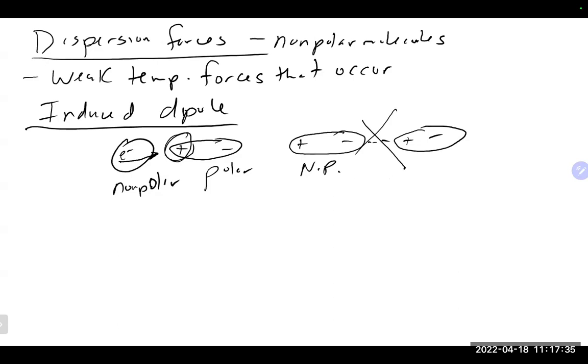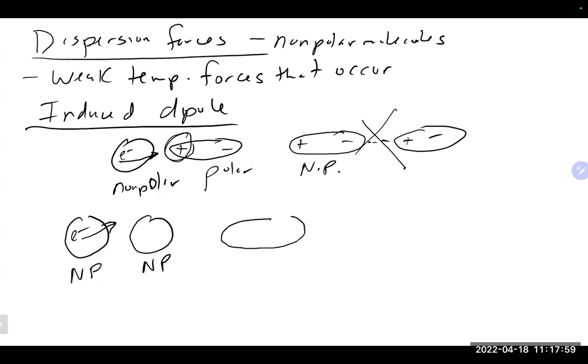Another way this can happen is if you have, for example, two non-polar molecules and electrons are flying around. For some reason, in the first molecule, all the electrons decide to go to one side for vacation. This first non-polar molecule then becomes temporarily charged.